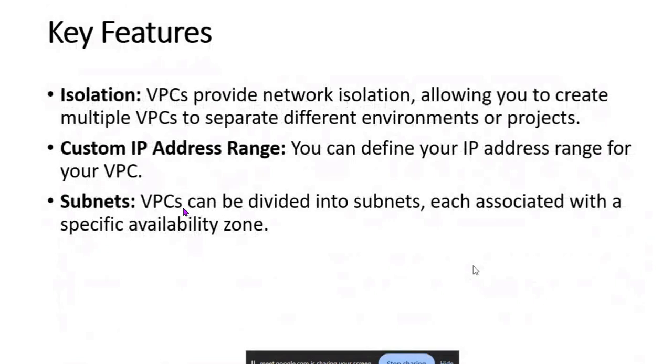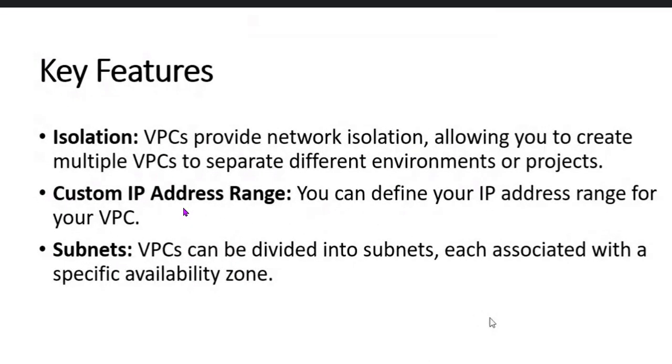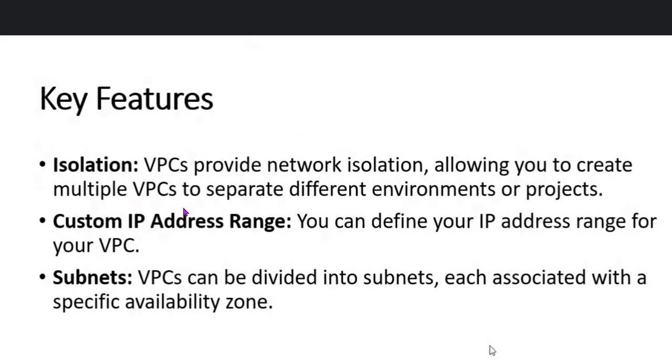Network acceleration, allowing you to create multiple VPCs to separate different environments or projects. Then custom IP address range: you can define your IP address range for a VPC. Then VPCs can be divided into subnets, each associated with a specific availability zone.